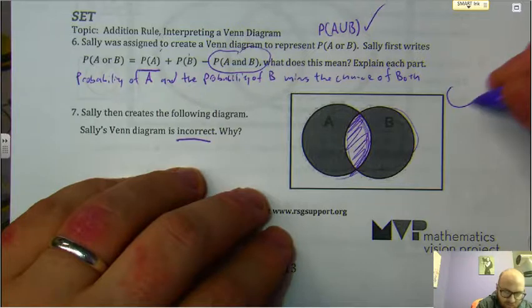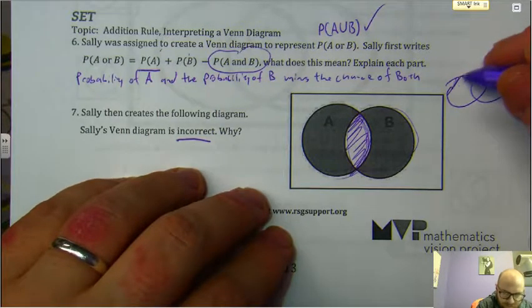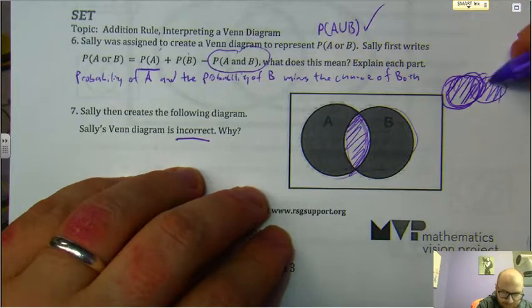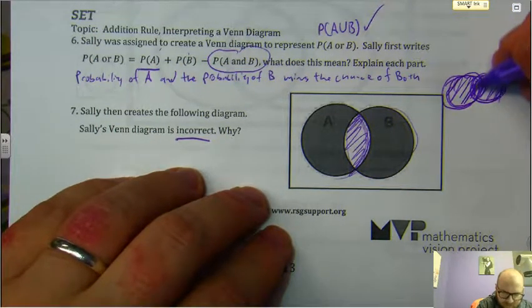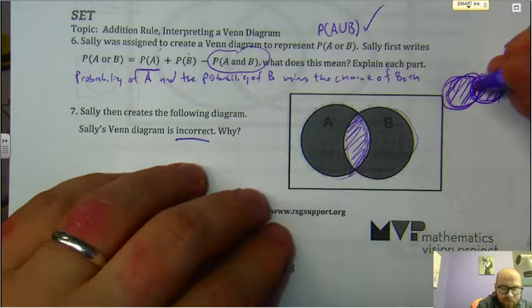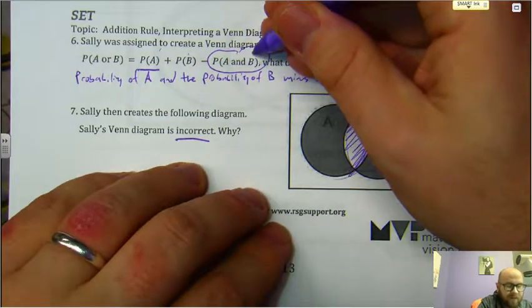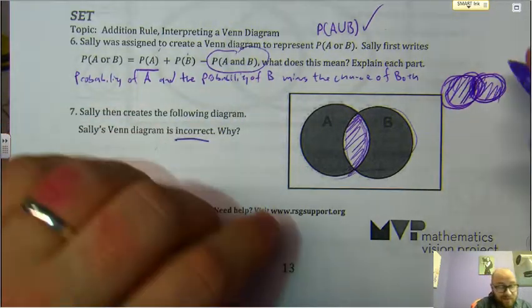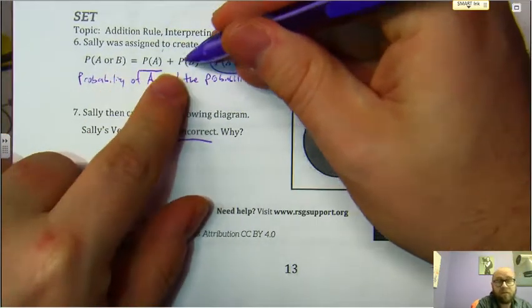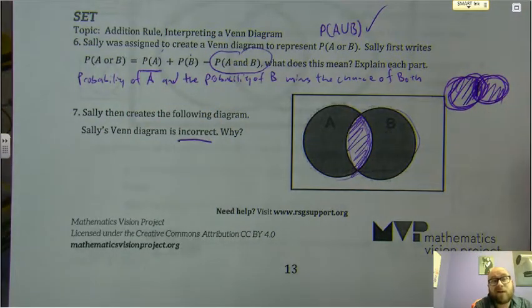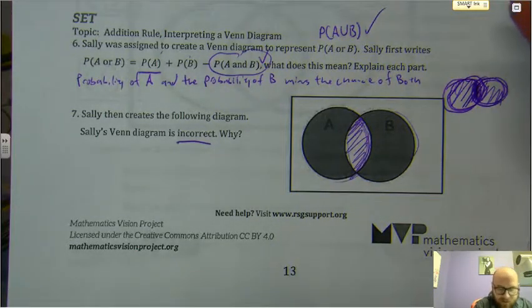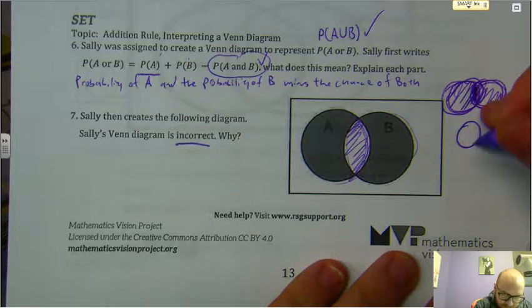Now, since we should be shading all of it, and it's probability of A, which is this, and probability of B, which is this, shouldn't we subtract this? Well, not exactly. We should, because A and B happening together is factored into A, and it's factored into B. So essentially, probability of A plus probability of B would be counting that probability twice. So what we want to do is make sure we don't count it twice, so we take away one of the instances, right? Because you can imagine this is the probability of A, is the purple.